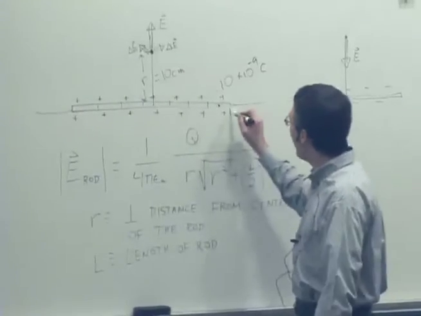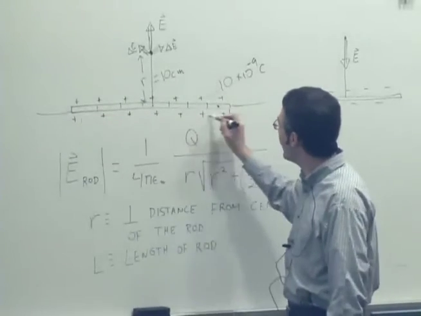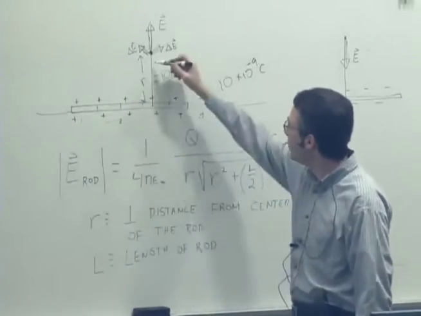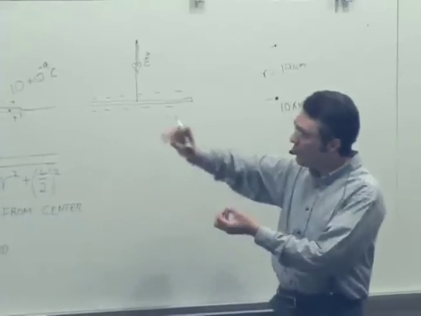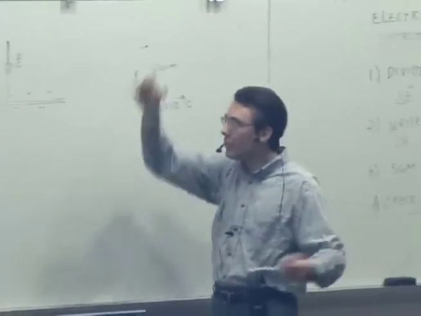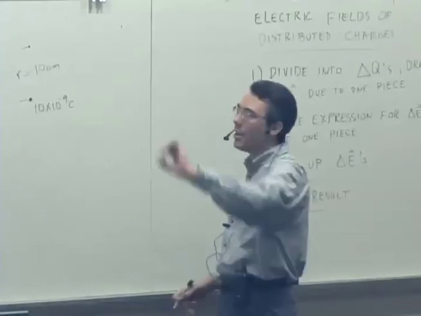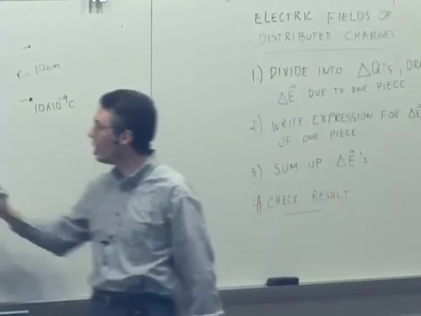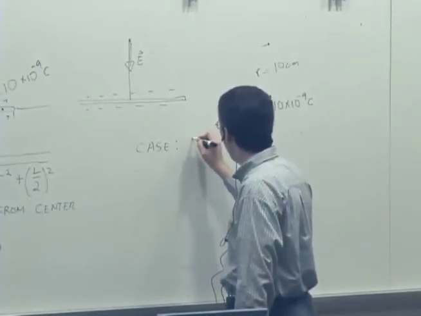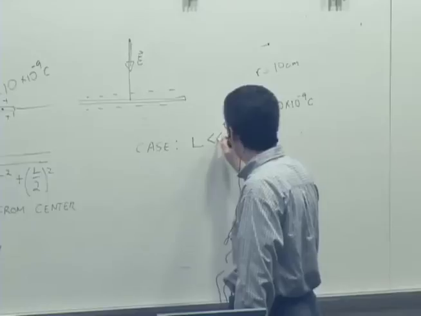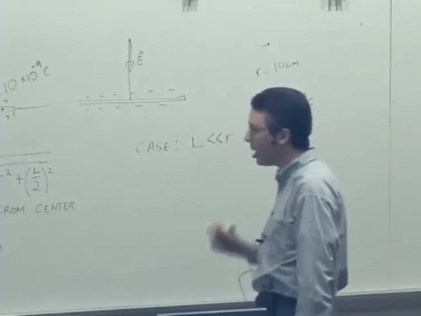Either you have a rod that has a length that's very, very small compared to the distance away, or you just get farther and farther away, so that it looks more and more like a point charge. So in other words, we're looking at a case where the length is much smaller than r.